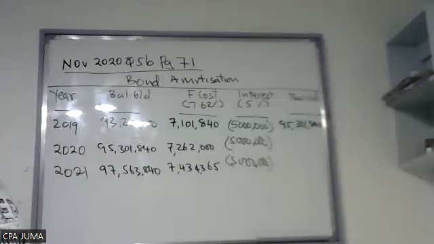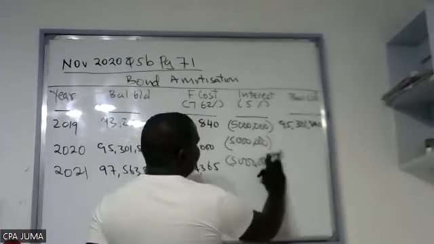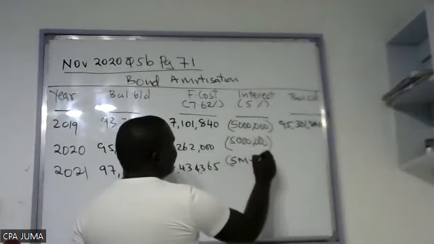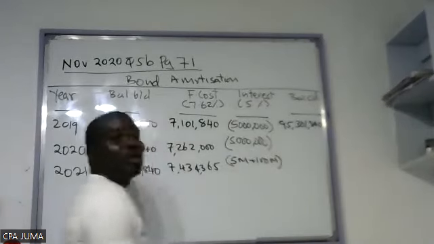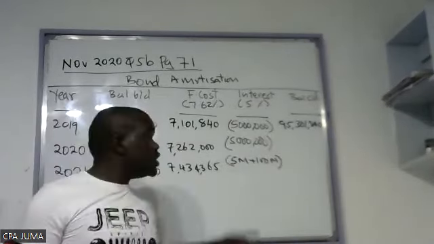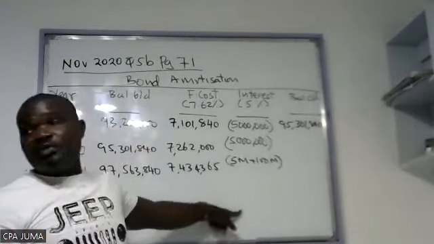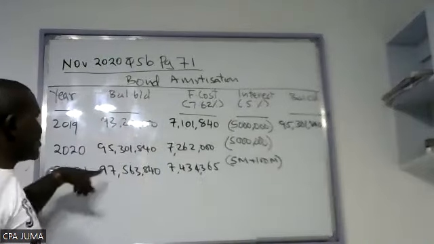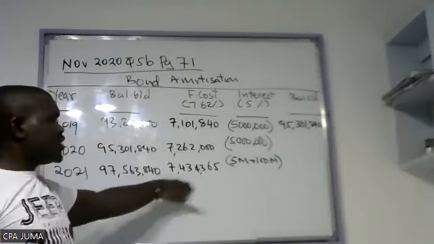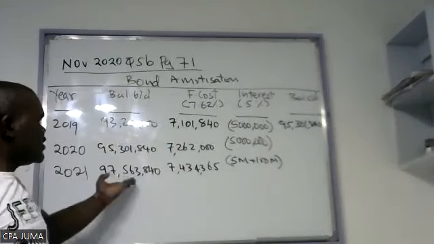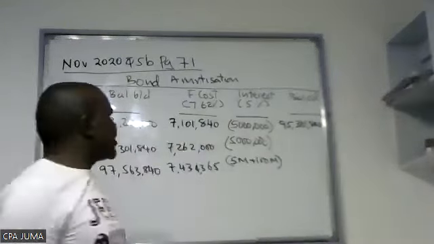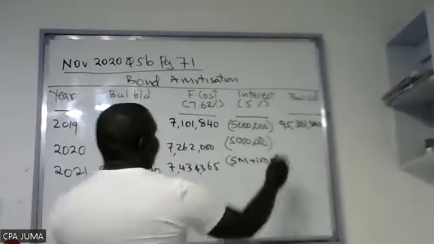Then the last year should be 5 million plus 100 million. They will redeem the principal. The redemption, they redeem the principal plus the interest. So it is 97 plus 7. This one seems like 104 or something. What are you getting? You are getting negative something.